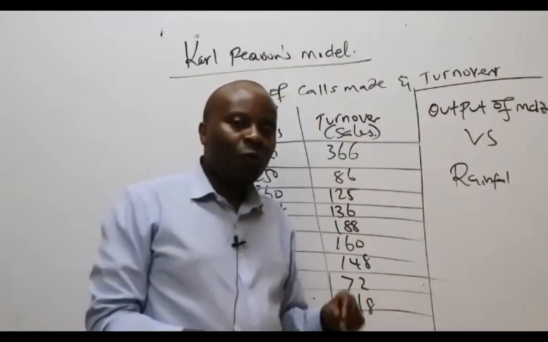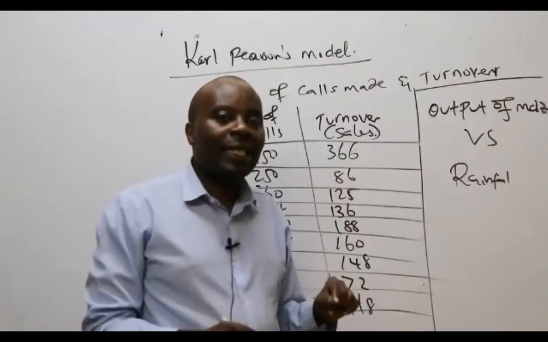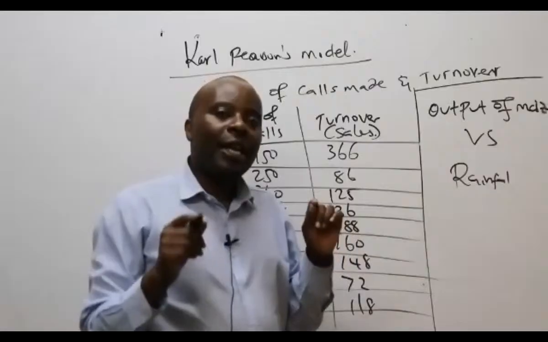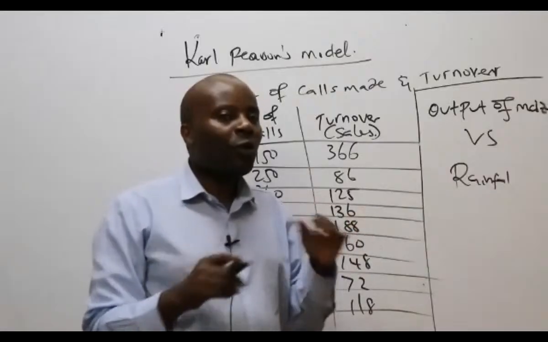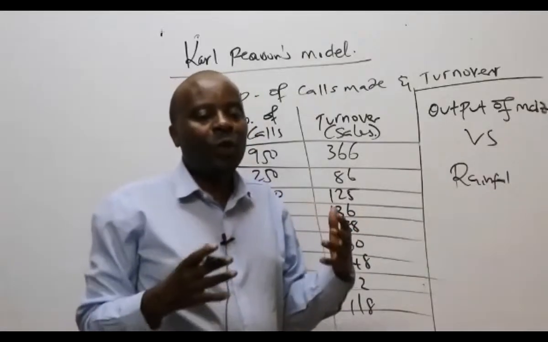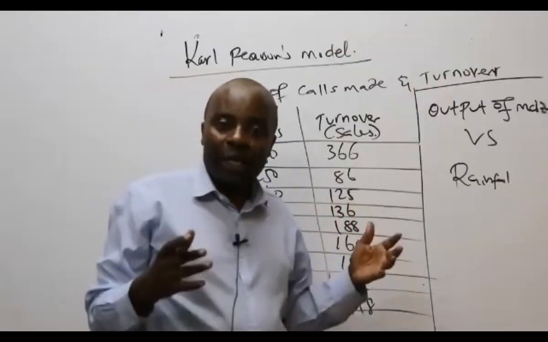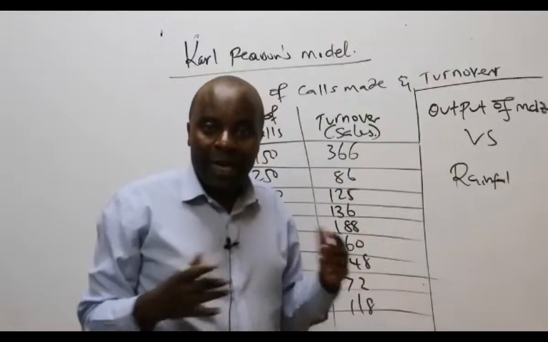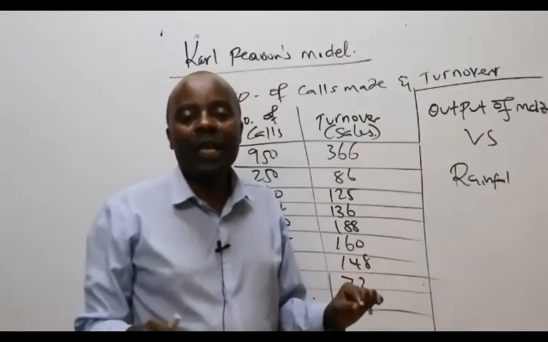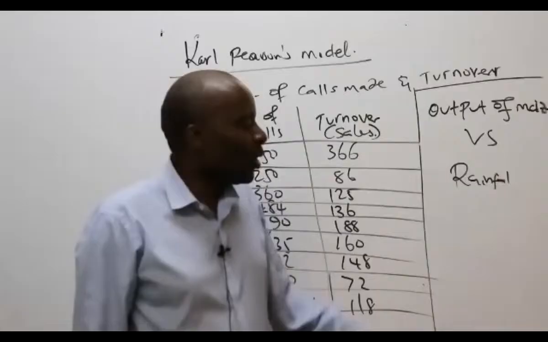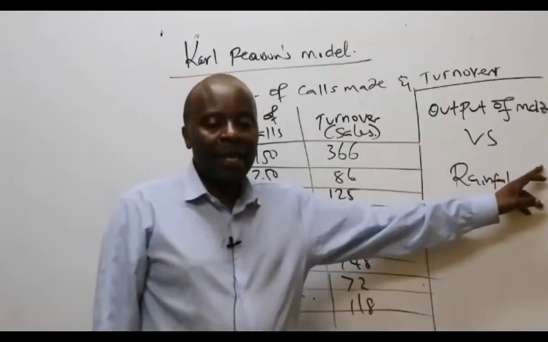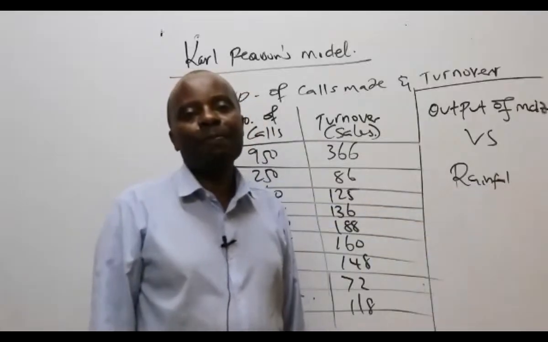The output of maize that you're going to have in a particular season depends on rainfall. Ladies and gentlemen, the amount of rainfall we're going to receive is an act of God. Whether you plant maize or cassava or grass or nothing, if rainfall is to be there, it has to be there. So rainfall is independent.